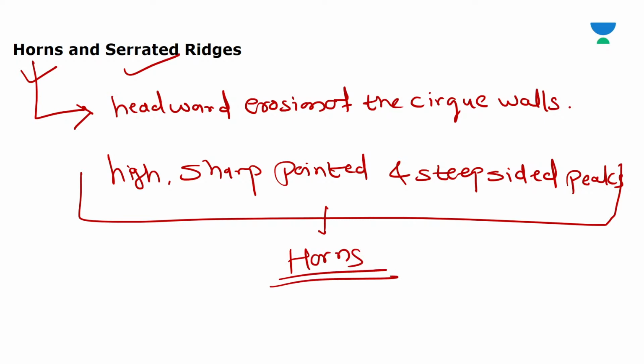The divides between cirque walls or head walls get narrow because of progressive erosion and turn into serrated or saw-toothed ridges, sometimes referred to as arêtes, with very sharp crest and zigzag outline.